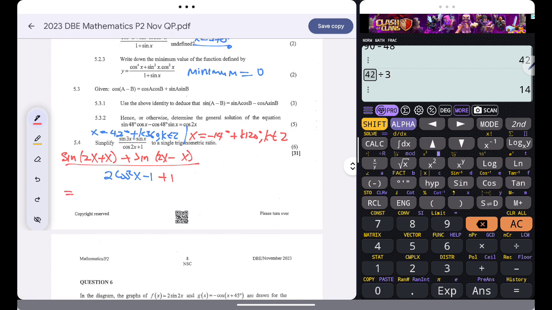Alright, together. Whenever I expand this thing, I'll have sine 2x cos x plus cos 2x sine x, plus, guys, I don't know why I'm making so many blunders. I'm so sorry.